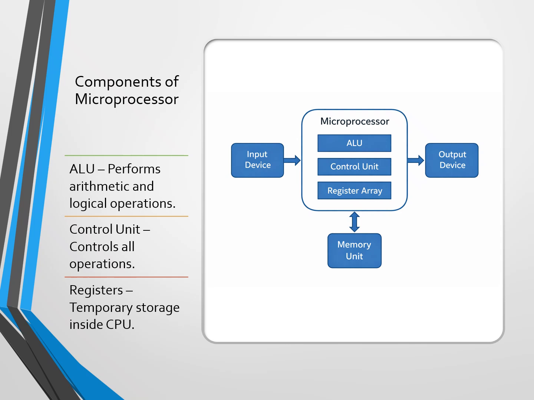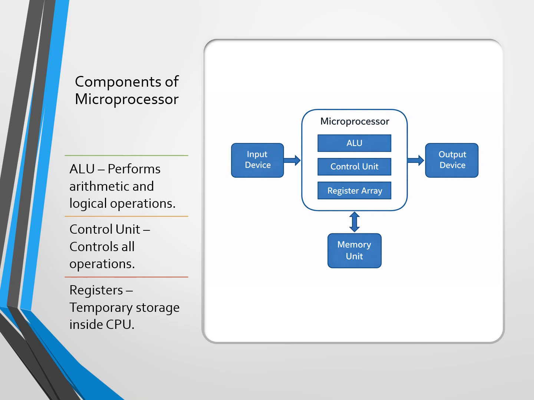And then the control unit, it controls whatever is happening in the microprocessor. Register array, which is the registers that is used as a temporary storage inside the CPU. Okay, I hope you got what is a microprocessor and what are the components of the microprocessor.